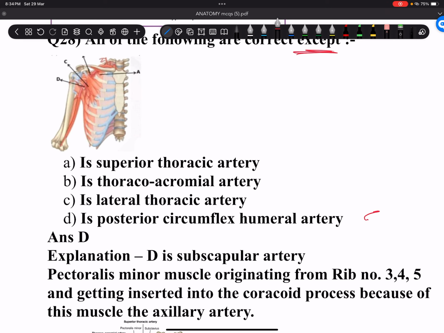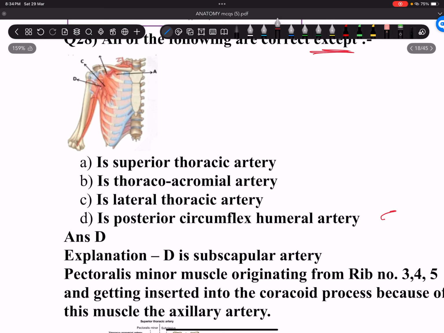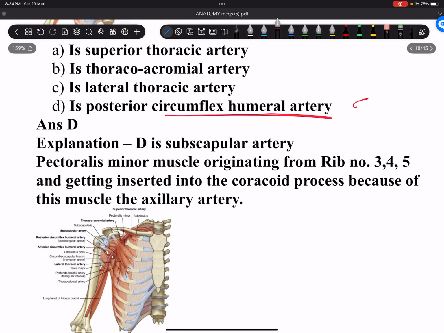Subscapular artery. And what are they showing? Posterior circumflex humeral artery. The pectoralis minor muscle originates from ribs 3, 4, 5 and is inserted into the coracoid process, and because of the muscle, the axillary artery is divided into parts.